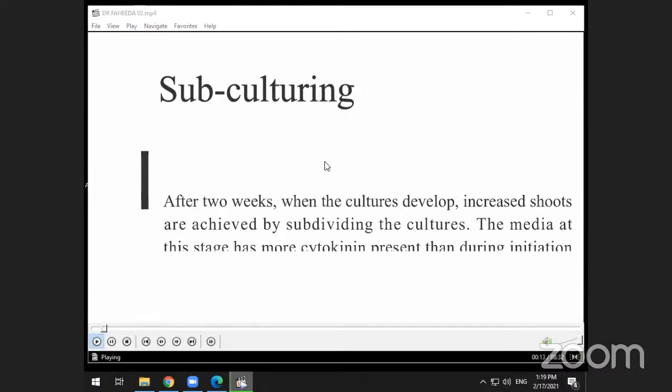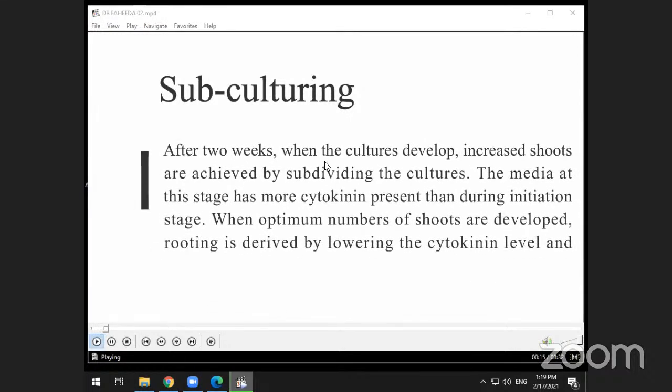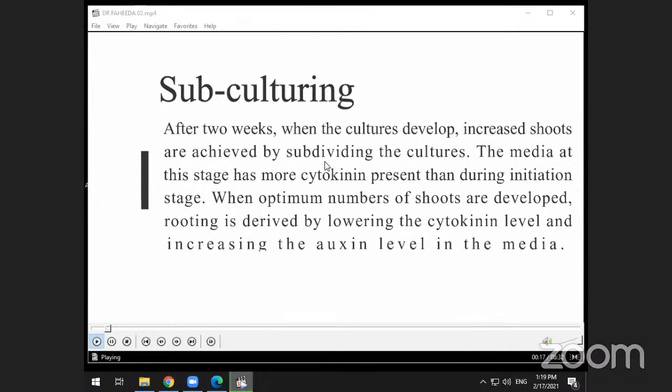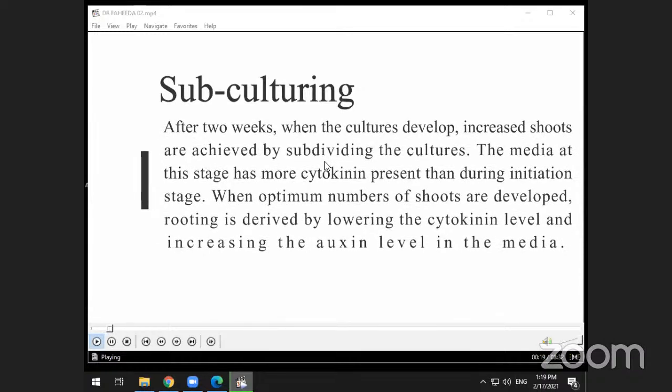Subculturing is the second stage of tissue culture. After 2 weeks, when the cultures develop, increased shoots are achieved by subdividing the cultures. The media at this stage has more cytokinin present than during initiation stage.